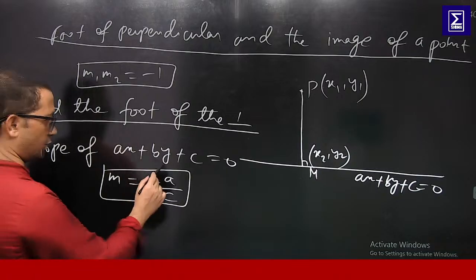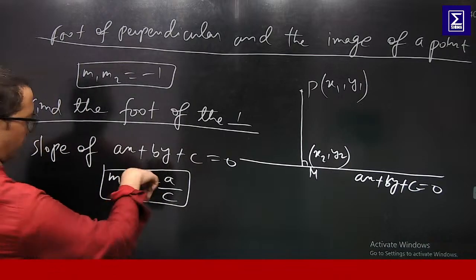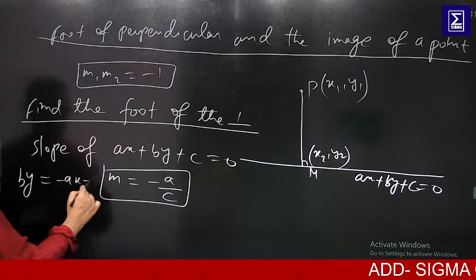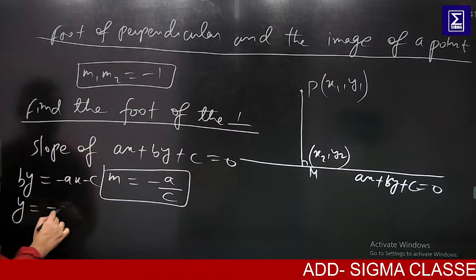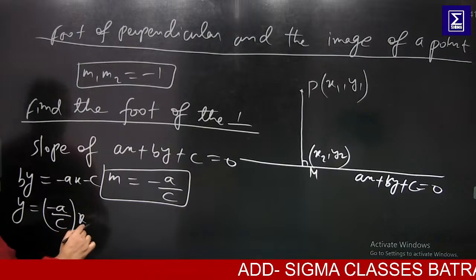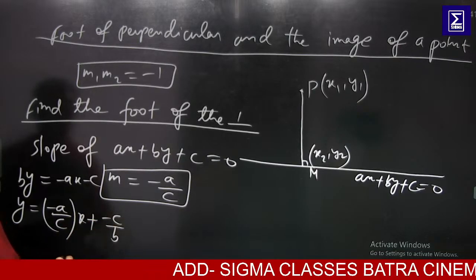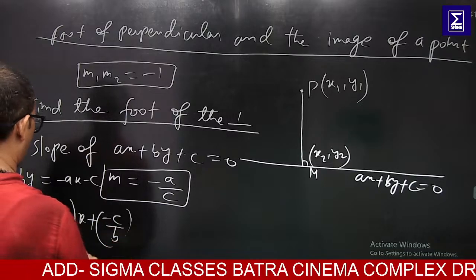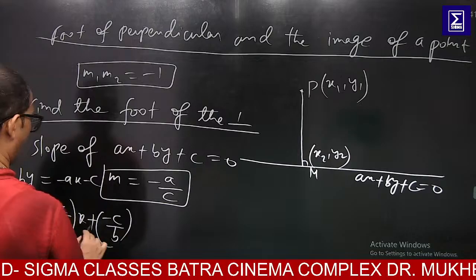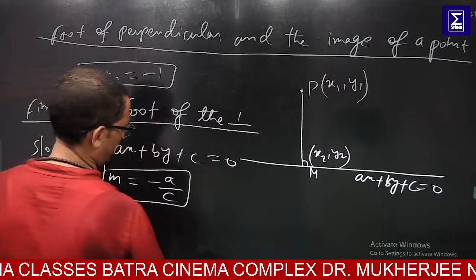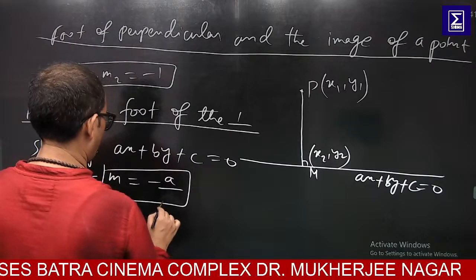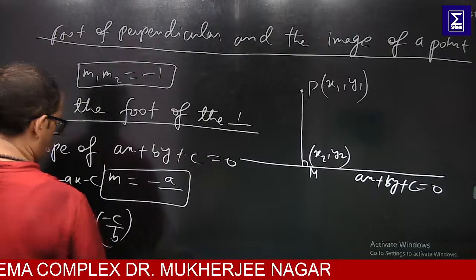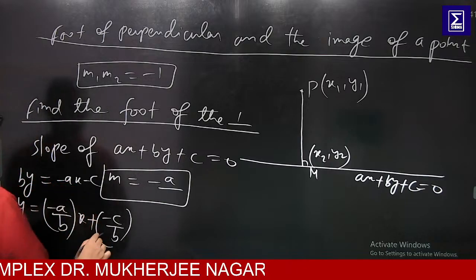Because if you put everything on the right side, so by will be equal to minus ax minus c, and y is equal to minus a over b times x plus minus c over b. Sorry, so here it would be b. So minus a over b minus c over b.